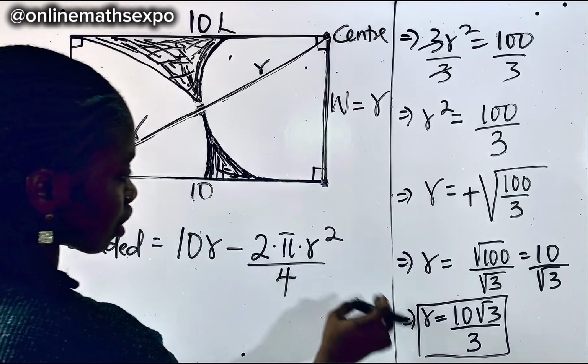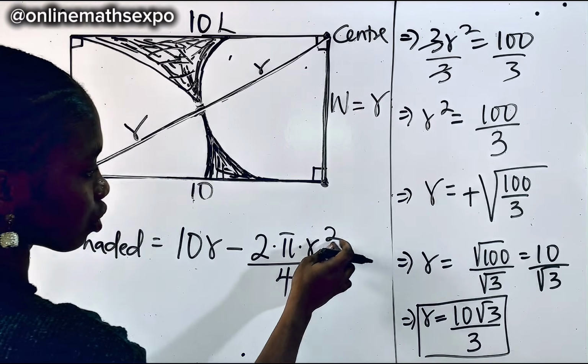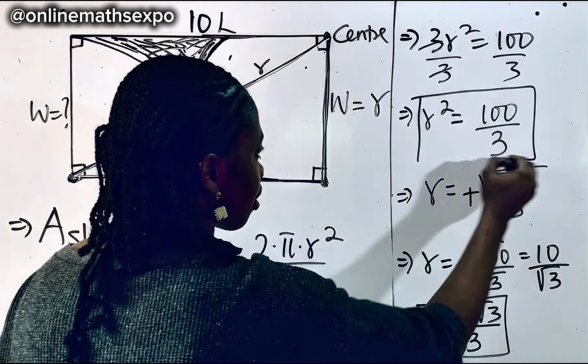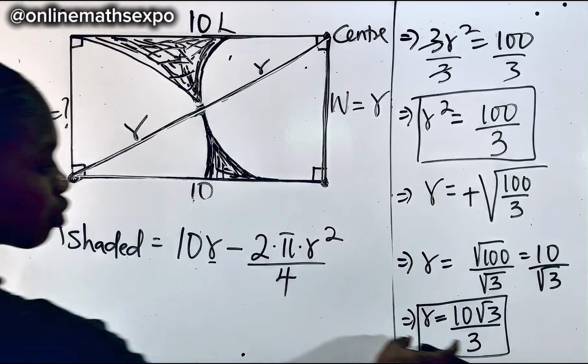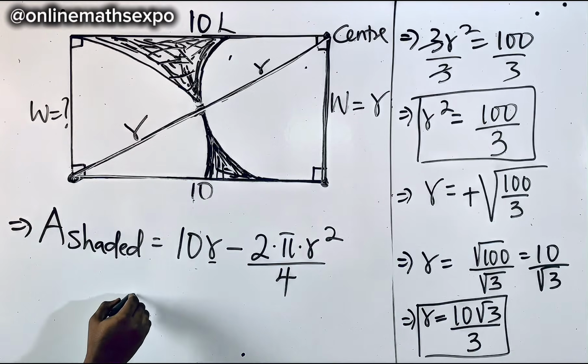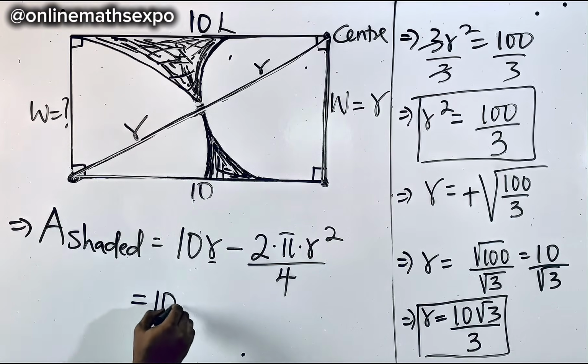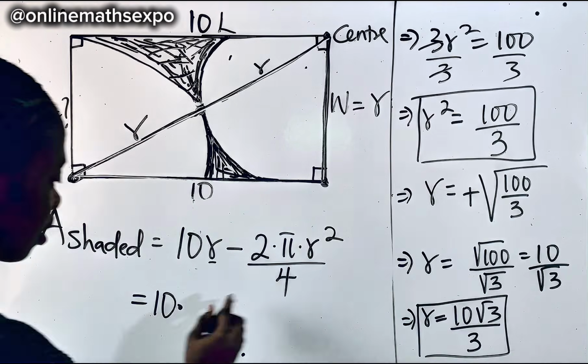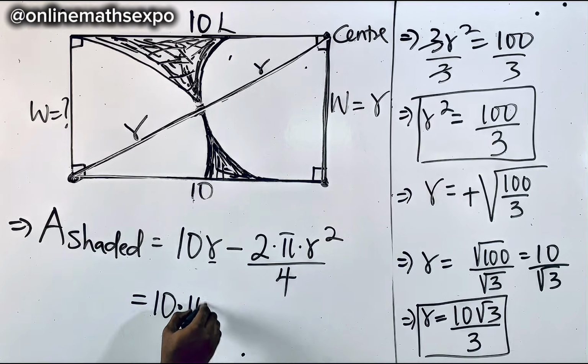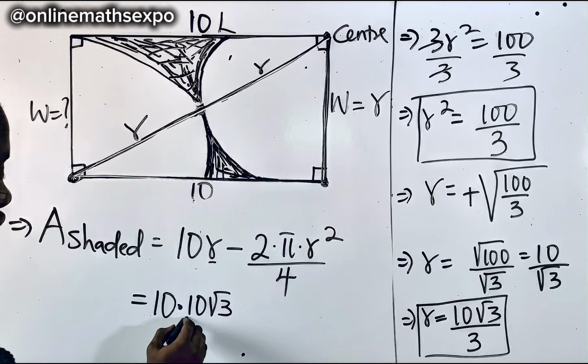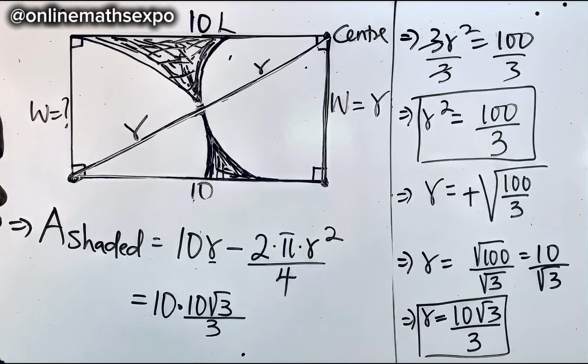So let's put in this. Remember, you can get your R squared. This is also my R squared. And for R, we use this. So if you put in, we are going to have 10 multiplied by our radius, which is 10 root 3 divided by 3.